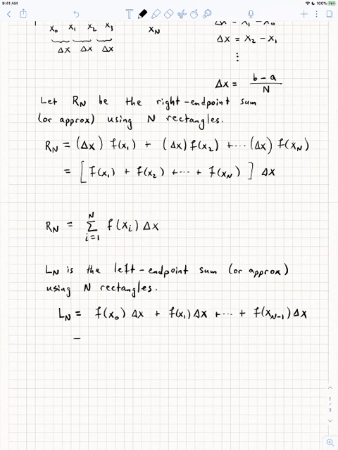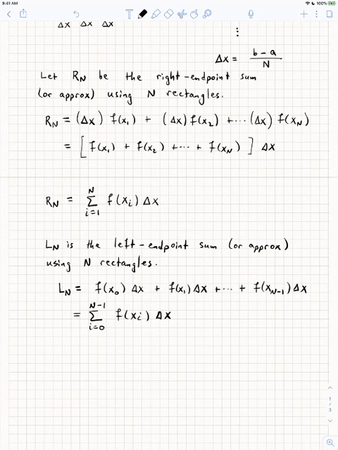And using summation notation, we write sigma, not i equals 1, rather it's i equals 0 to n minus 1 of f of x sub i delta x. Now, if you prefer to sum from 1 to n, you can do that. Sum i equals 1 to n, but that means instead of summing x sub i, you're summing x sub i minus 1 delta x.